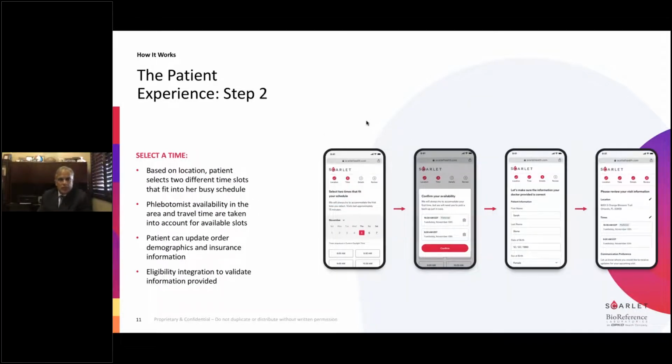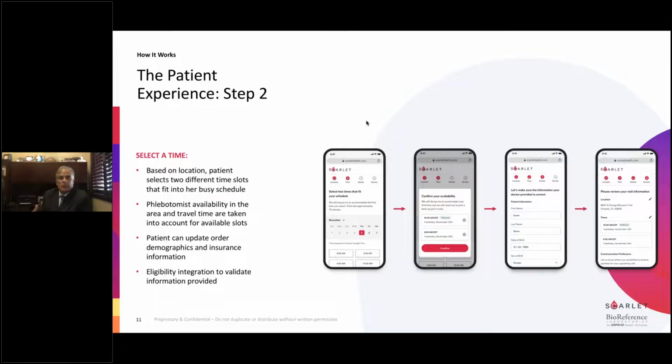Step number 2 is they'll select a time. Based on location, the patient selects 2 different time slots that fit into their busy schedule. Some people ask us, why the 2 time slots at the very beginning? We've found, as we have several organizations launching utilizing the Scarlet platform, that in the busy style we have today, patients will pick Friday at 3 o'clock, and when Friday comes along, they'll realize that something came up, they had another appointment or a last minute conflict, and they'll have to reschedule.